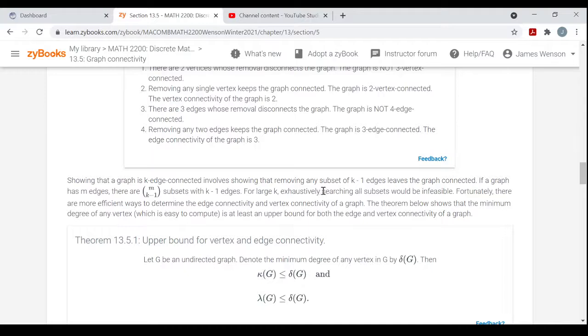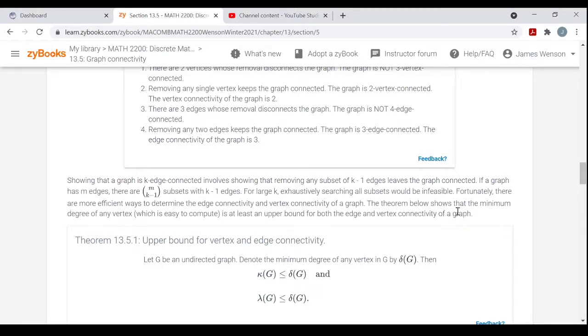Right? So doing all that searching would be infeasible. It would be unreasonable to do that much, especially for all values of k, up to m-1. Fortunately, there are more efficient ways to determine the edge connectivity and vertex connectivity of a graph.